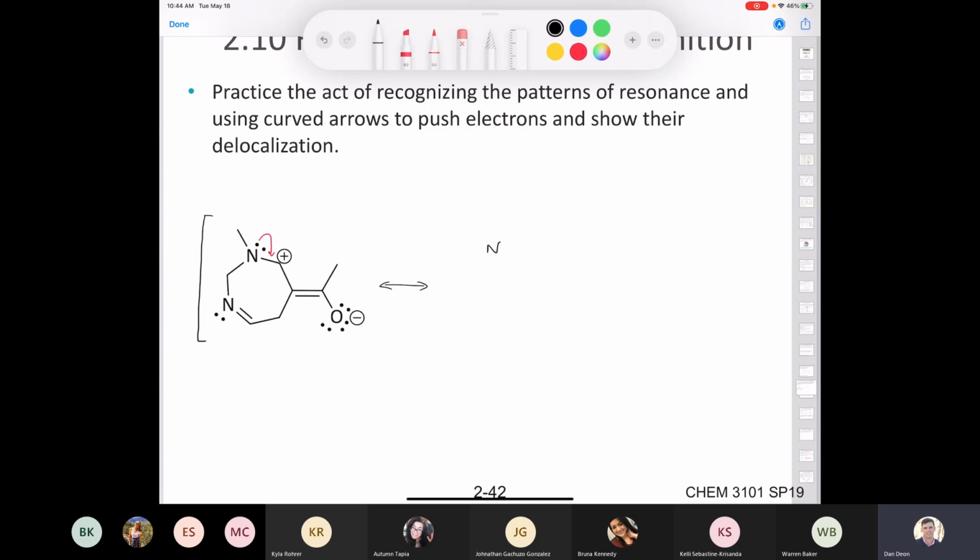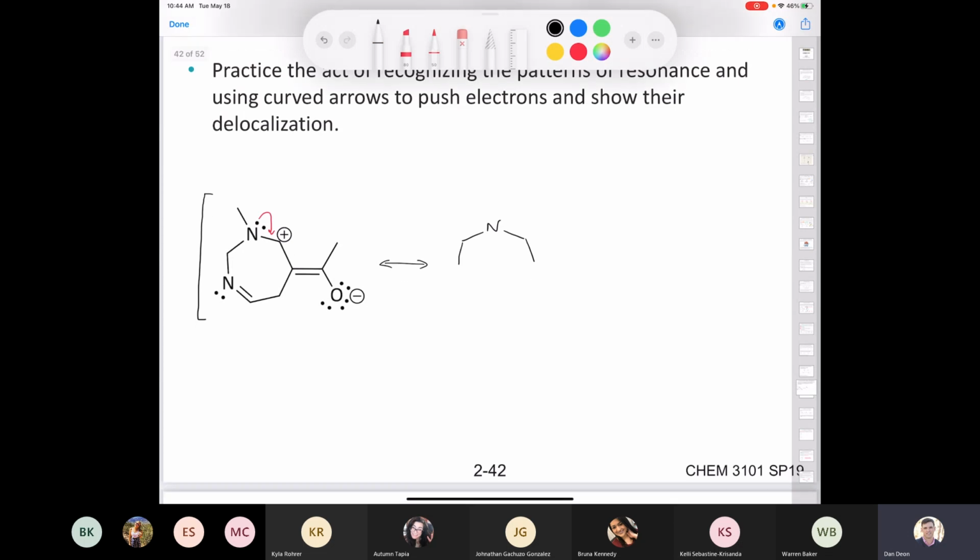And I'm not the best at drawing 7-membered rings, but I'll do my best here to draw it as well as I can. So we have another nitrogen here, and then like that. There we go. I'm just going to copy and paste this down here because I'm going to need another one.